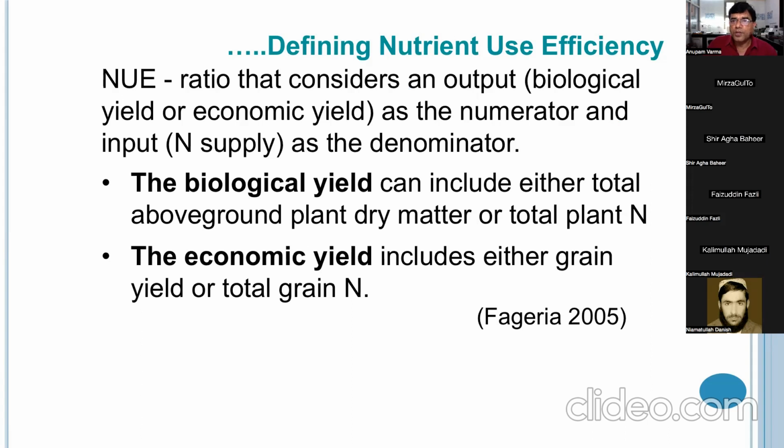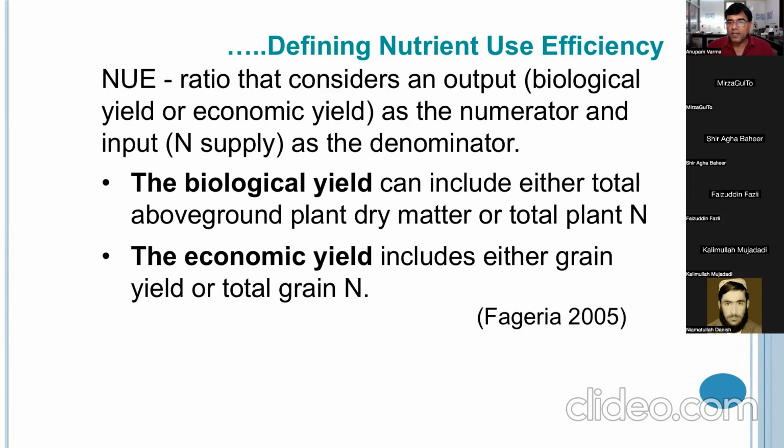Means your output is your biological yield, input is your nitrogen rate or nitrogen or nutrient supply. The biological yield can include either total above ground plant dry matter or total plant nutrient. So this biological yield can be with respect to actual yield, biological yield, or it can be with respect to total nutrient uptake, total uptake of any nutrient.